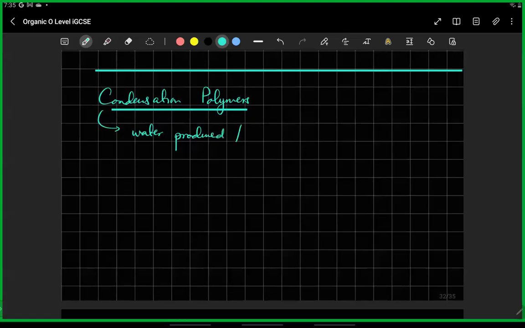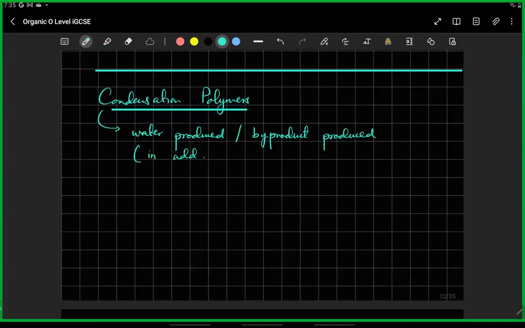Addition में byproduct produced नहीं होता था. So there's a small molecule byproduct. अच्छा, there's a byproduct produced. और इधर मैं लिख भी देता हूँ, in addition polymers no byproduct is produced, ठीक है.